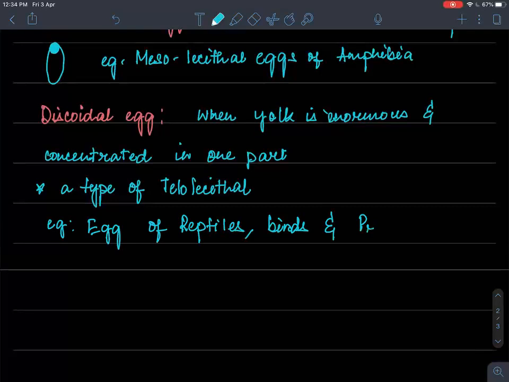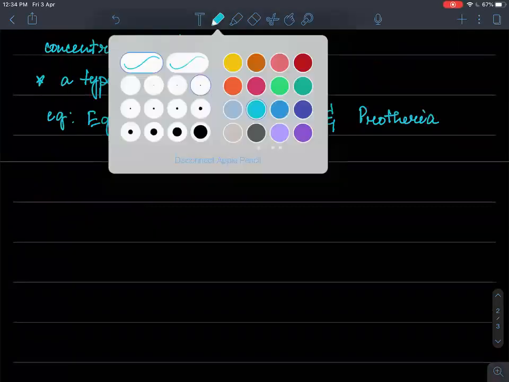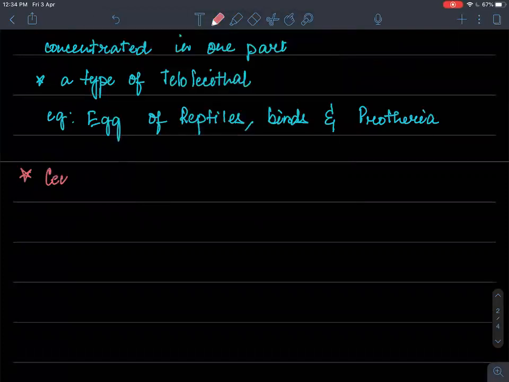Next, we are going to see the fourth type, that is centrolecithal. And students, this is important. Many times questions can be asked from this. Centrolecithal eggs.